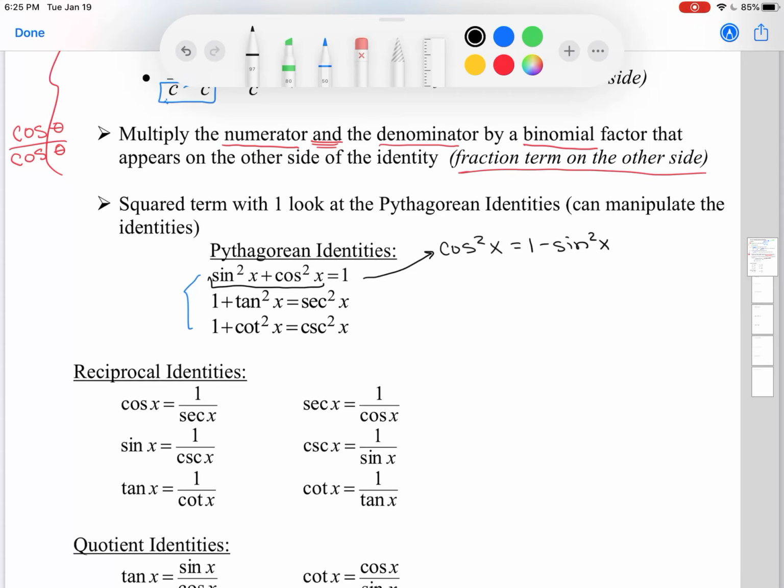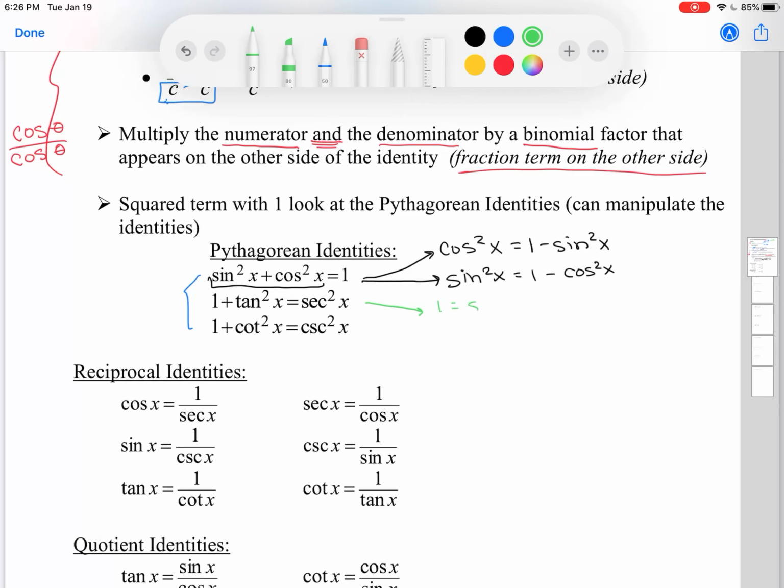That's the manipulation. You're using the same exact function. You're just manipulating it in a way that will benefit you as you're working through these trig identities. Another option, you could keep the sine squared theta or the sine squared x and just subtract your cosine squared x. Okay, so those are your manipulations.